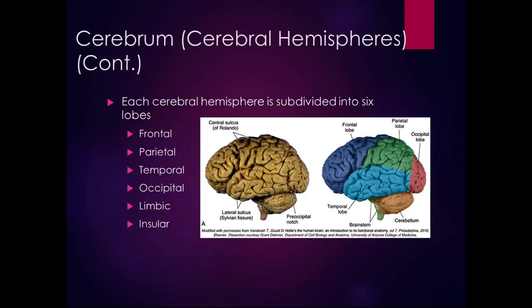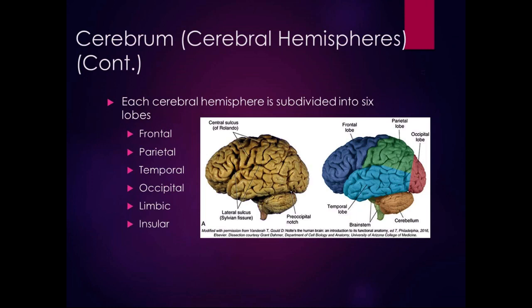They are located throughout the cerebrum, and so the different functions of those areas often have to do with their location. But the limbic and insular lobes, since they're located throughout the cerebrum, actually participate in a lot of different functions. So the frontal lobe, there's a lot of decision making and personality type stuff that goes on there.